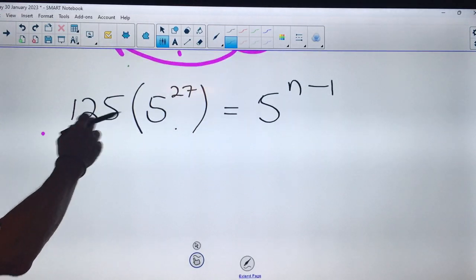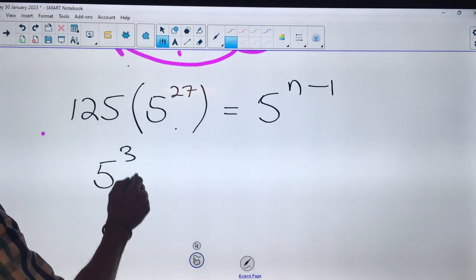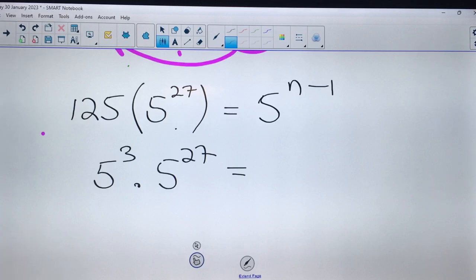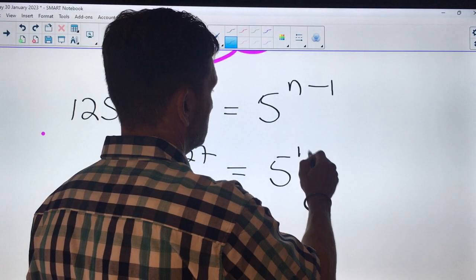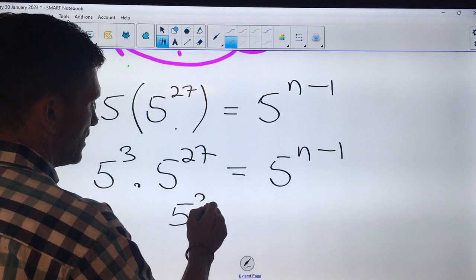Now what is 125, 5 to the power of what? Okay, so 3. Can you see where we're going with this now? So this gives us 5 to the power of 30.